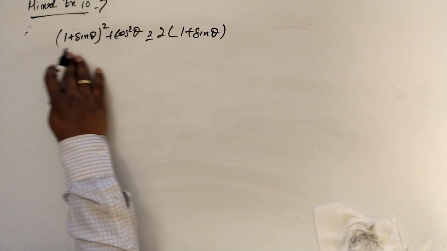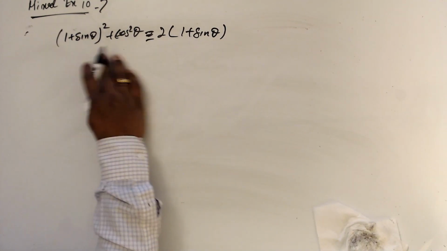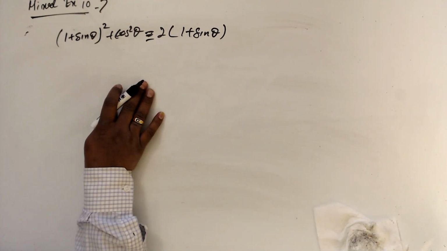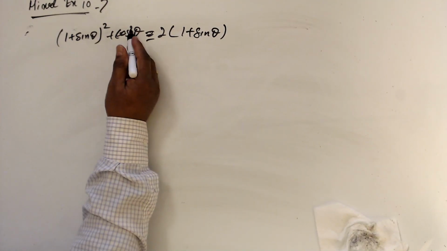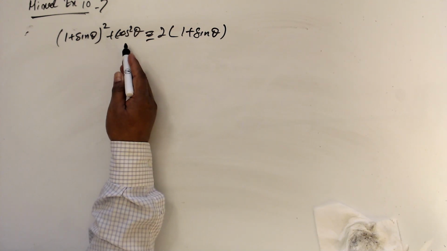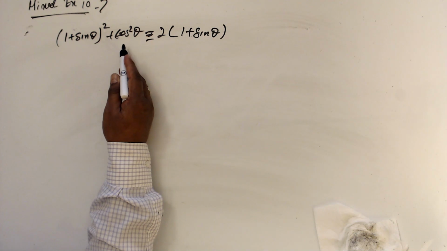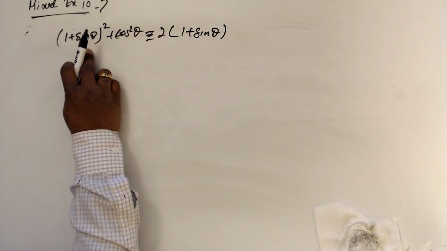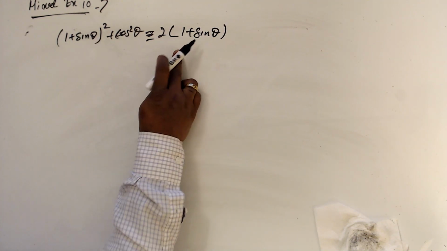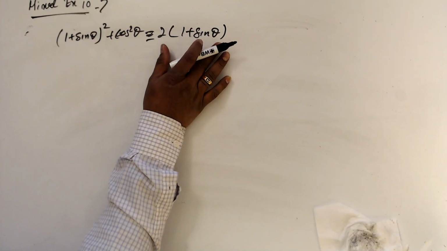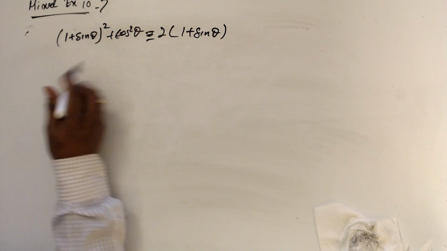So we want to prove that for all theta, this is true. When I see square, always come to my mind sine square theta plus cos square theta equal 1. So we can go left to right or right to left. Which side is more simplified? This one. Then we better go left to right.